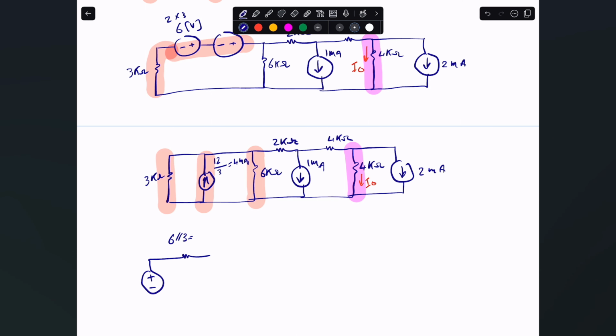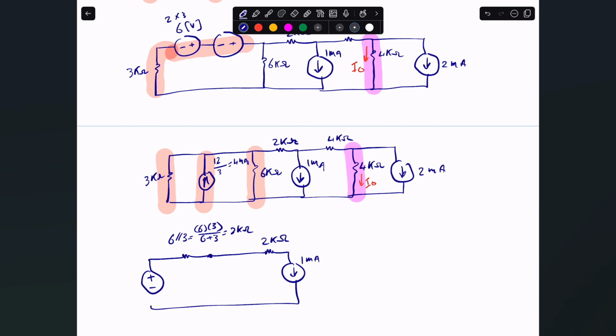That is 18 divided by 9, which is 2 kilo ohms. So this particular resistor will be 2 kilo ohms, and then we have another 2 kilo ohms in here, and the current source going downwards, which is 1 milliamp.